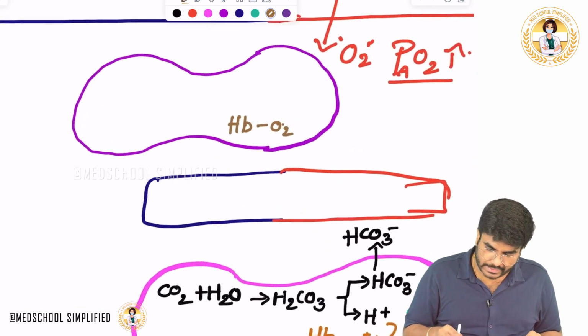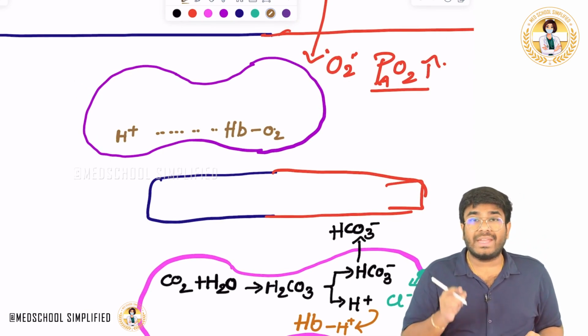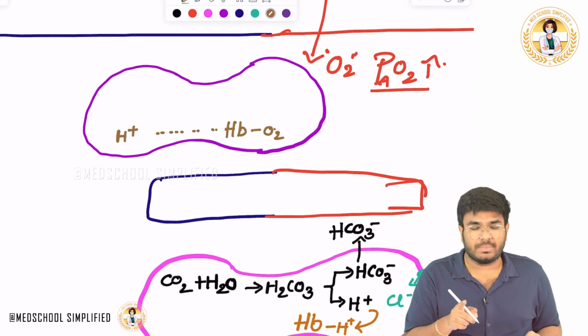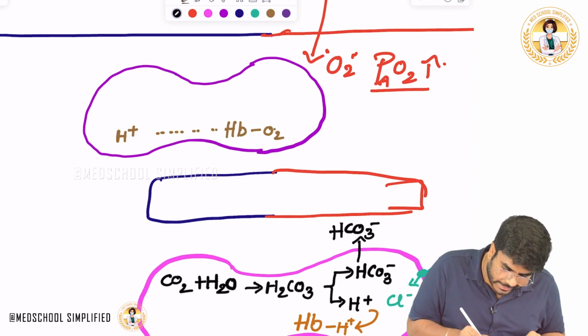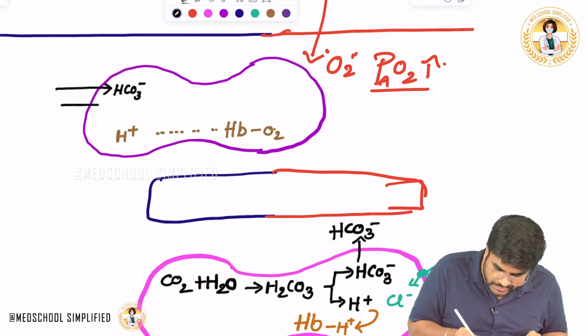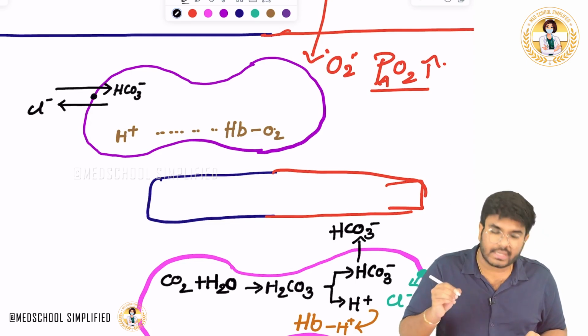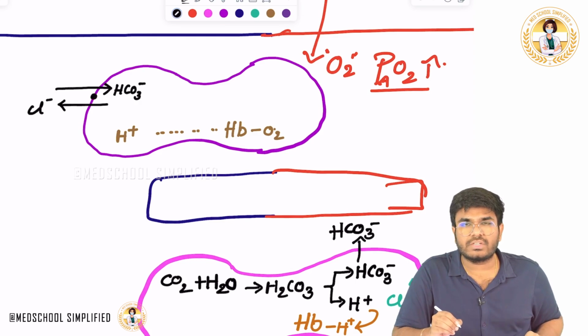H+ is released. H+ is free. So at the level of lungs, at high partial pressures, the bicarbonates that had gone out will come again into the cell in exchange for chloride. Chloride will again go out. This is called reverse chloride shift. Reverse chloride shift occurs at the level of lungs.